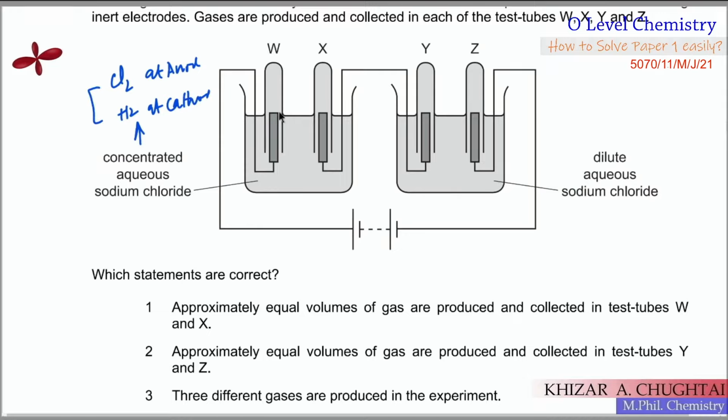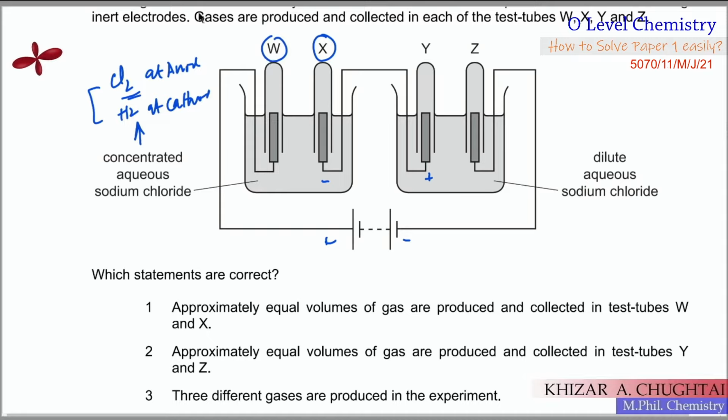So in this case, W is the positive terminal, the anode, and chlorine is going to form at this terminal. X is the negative terminal, where hydrogen is being formed.